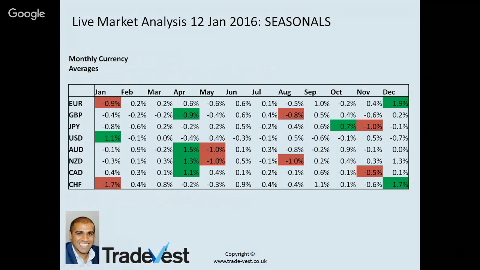But there's been some great opportunities on long dollar pairs against some of the European counterparts like the Swedish krona, the Danish krona, the Polish zloty, for example, the South African rand.